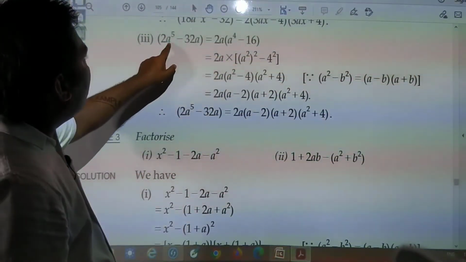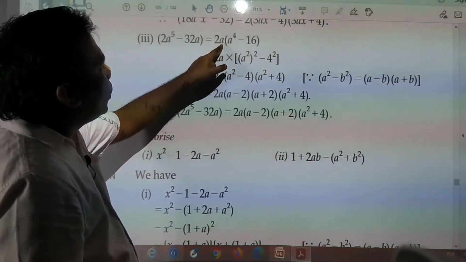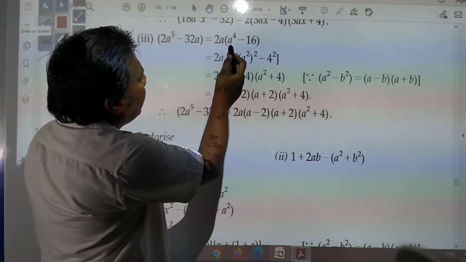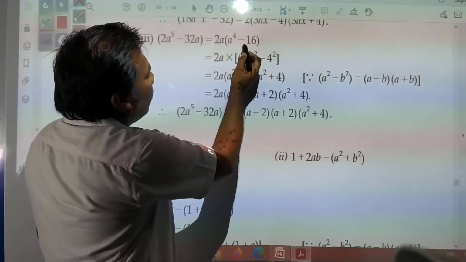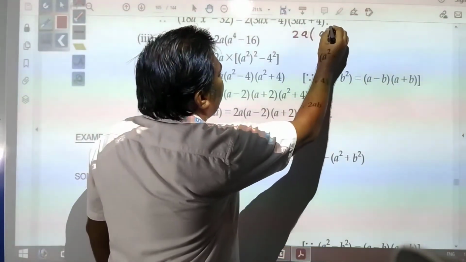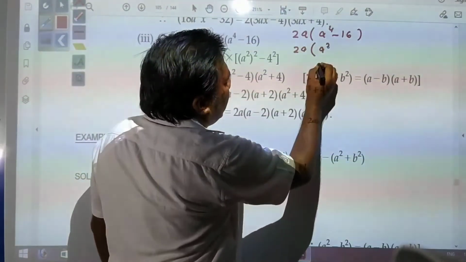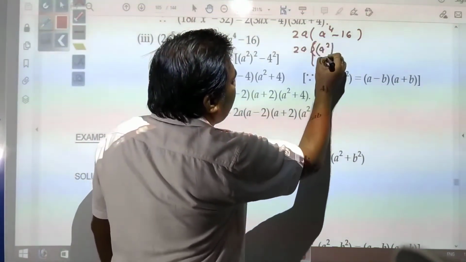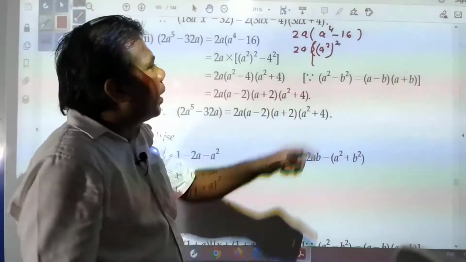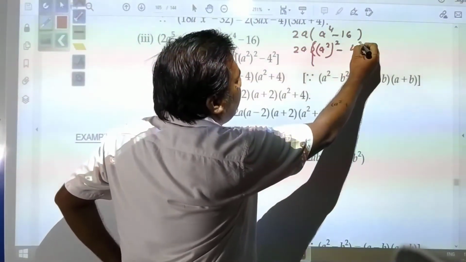Here you see 2a to the power 5 minus 32a. Again, what common can be taken out? 2a can be taken out common. You are left with a to the power 4 minus 16. So 2a into a to the power 4 minus 16 can be written as 2a into a square whole square minus 4 square, since 4 4s are 16.